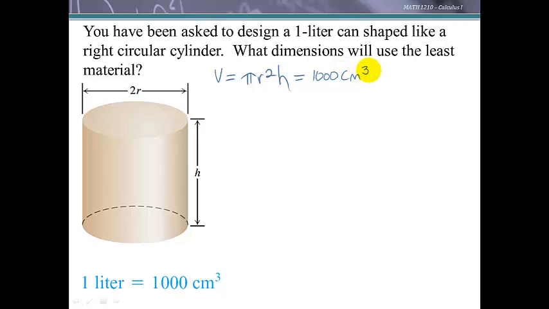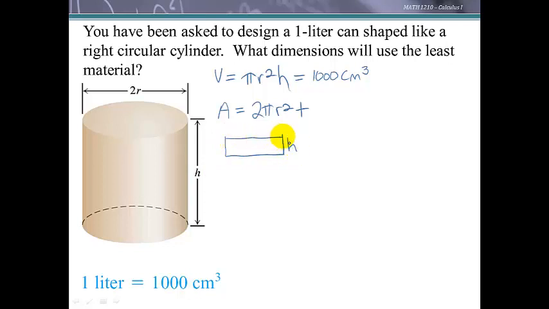Now what we're interested in doing is minimizing this surface area. We'll call it A. And what do we need to make the can? Well, we need something to make the bottom. That's a circle, that's pi r squared. And then the top will be the same, so we have 2 of those. Plus we need materials to go around the sides of the can. If you cut this and opened it out, think of a label off a can, it would look rectangular, and it would be h high.